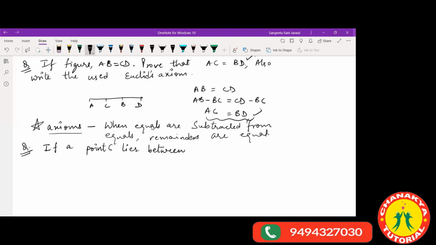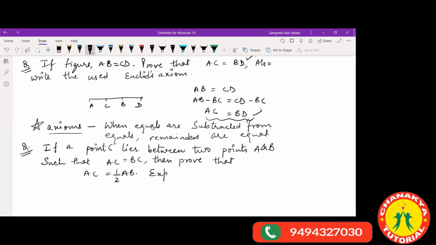If a point C lies between 2 points A and B, such that AC is equal to BC, then prove that AC is equal to half of AB. Explain by drawing the figure. Okay, this also you have to do.